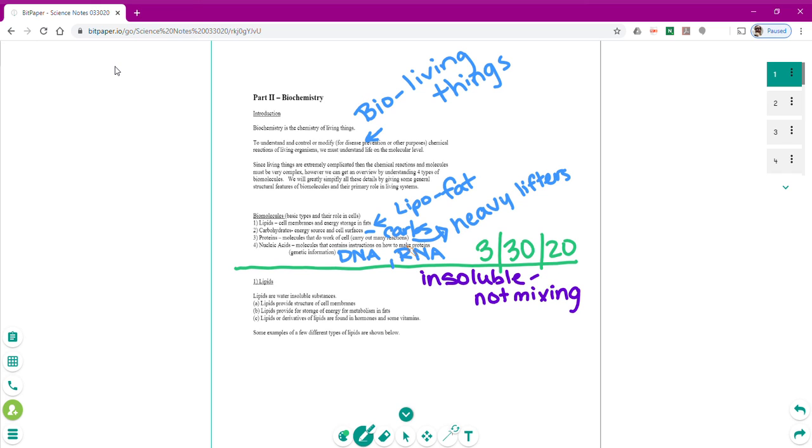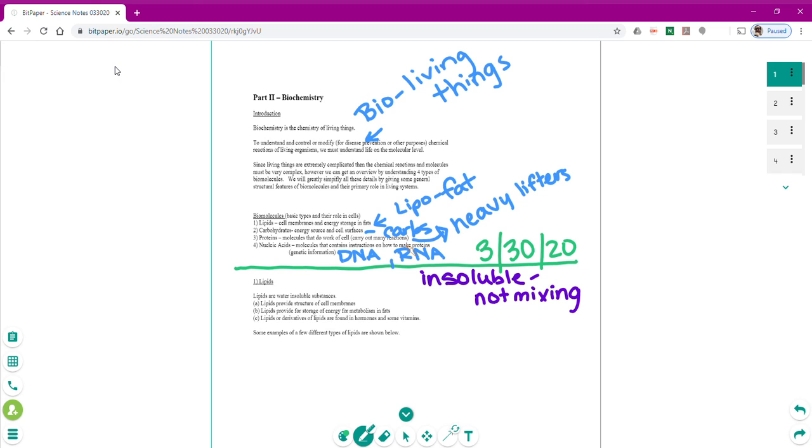So lipids, we've mentioned before, comes from the Greek word lipos, for fat. And fats, and also not talking about just fat cells like would be in a human or an animal, but also oils are fats and different things.